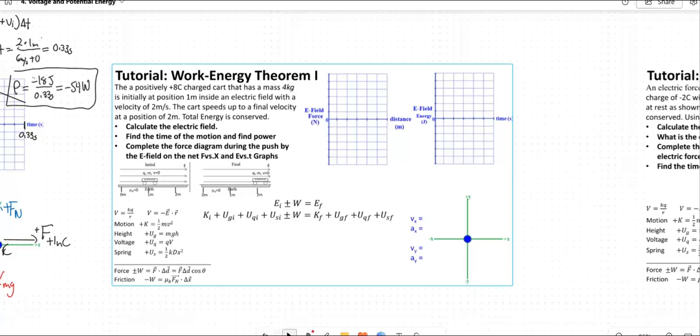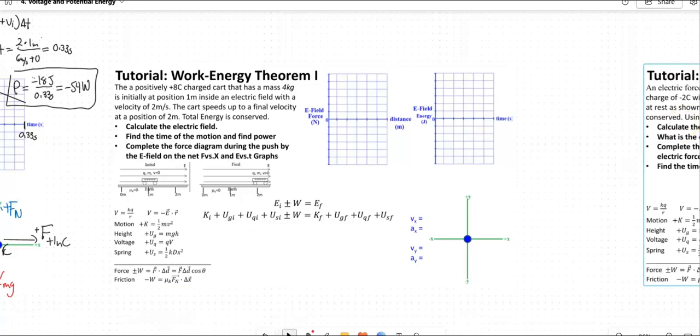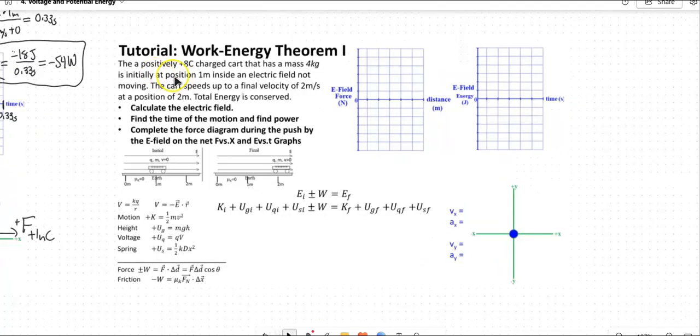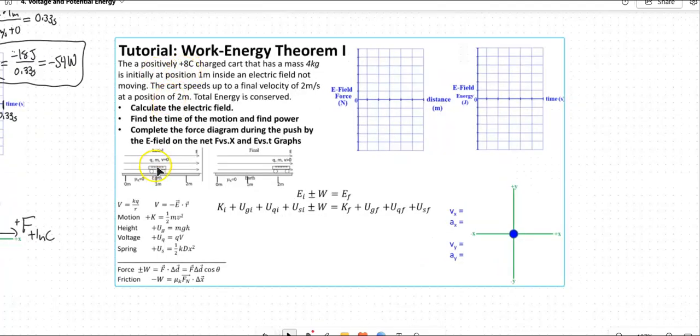Zoom in a little bit more. Okay, so we have a cart that is a mass of 4 kilograms, with a positive 8 coulomb charge, that can move without friction. It's at a position of 1 meter, not moving.